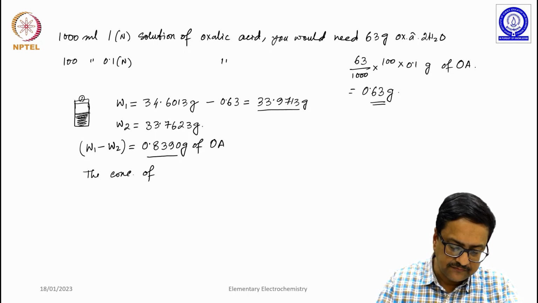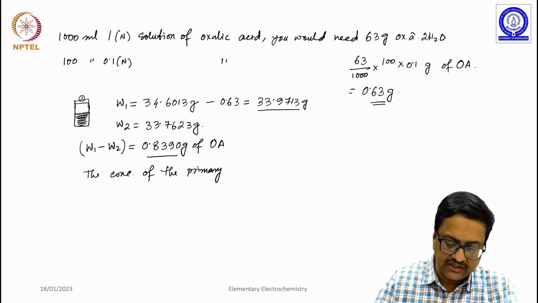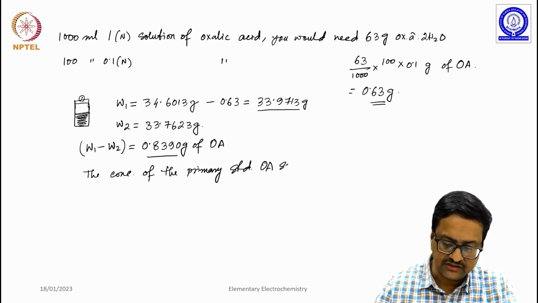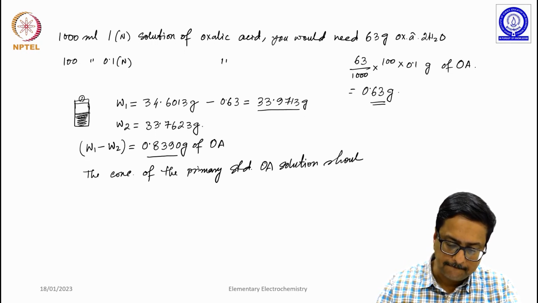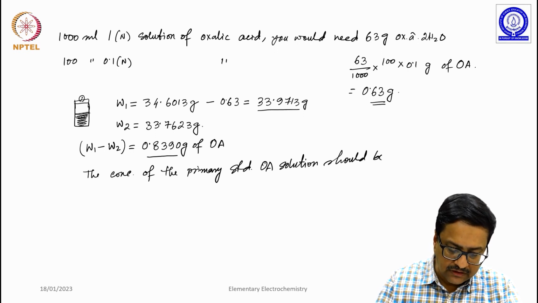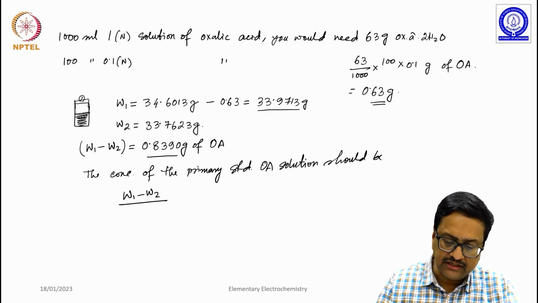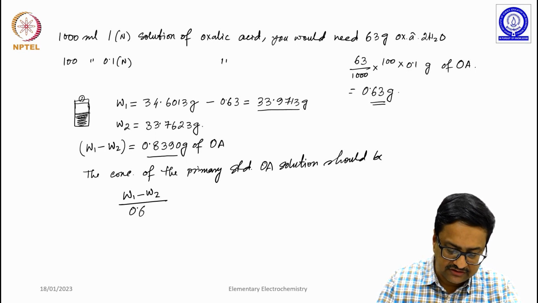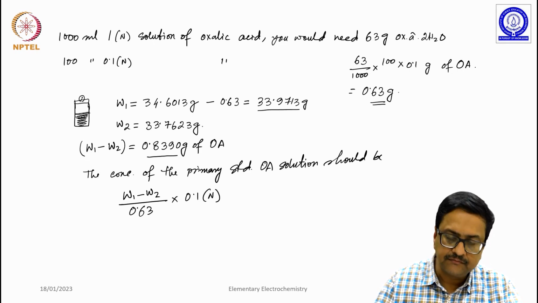So, the concentration of the primary standard oxalic acid solution should be this W1 minus W2 divided by 0.63 into 0.1 normal.